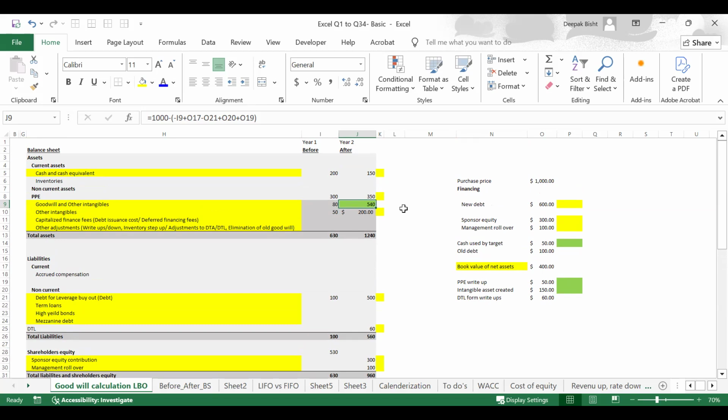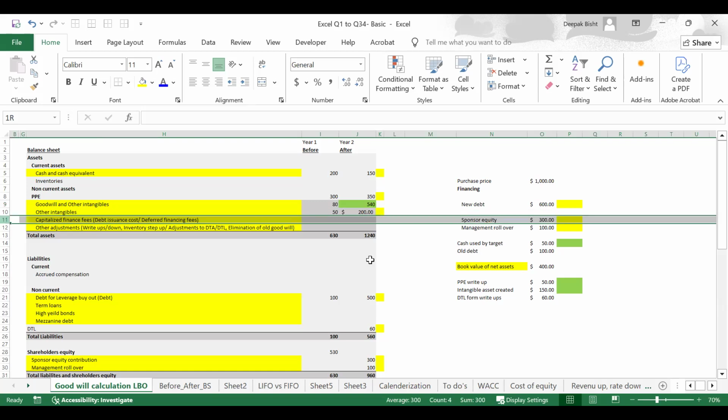Then we capitalize the financing fee, because these are not expensed immediately. They are capitalized on the asset side because debt issuance costs and deferred financing fees are gradually amortized on the income statement. And other adjustments, which include the write-ups or write-downs of PPE, inventory step-up, adjustment to deferred tax assets and liabilities, and elimination of old goodwill, we put on the asset side.